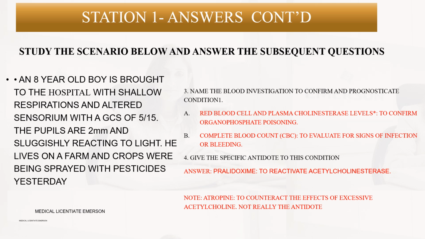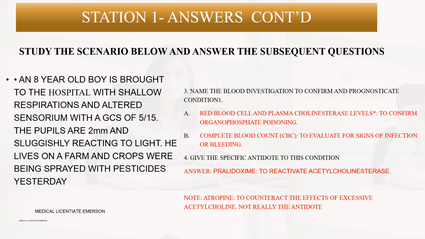So remember, there are the effects of acetylcholine, the nicotinic and the muscarinic effects. So atropine is going to counteract these effects. Okay, that's what you need to understand. But the actual antidote, the one which reactivates the acetylcholinesterase, is pralidoxime, which is an oxime.